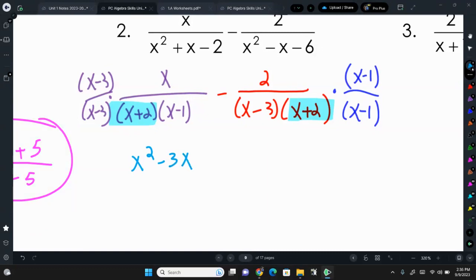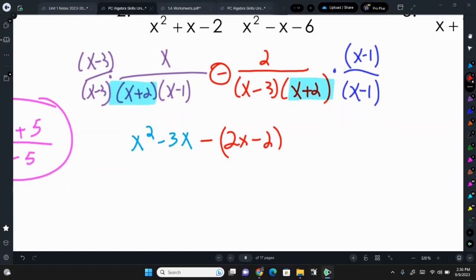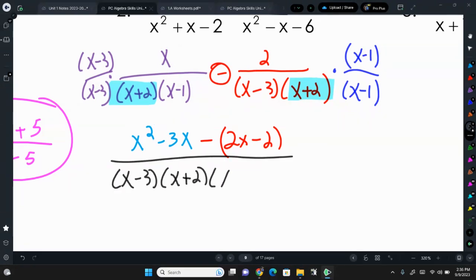And then the second fraction becomes 2x minus 2. Now remember there's this minus sign here, and then it's being distributed. So we're going to have to distribute that negative sign at some point. All over the common denominator, which in factored form is x minus 3 times x plus 2 times x minus 1.